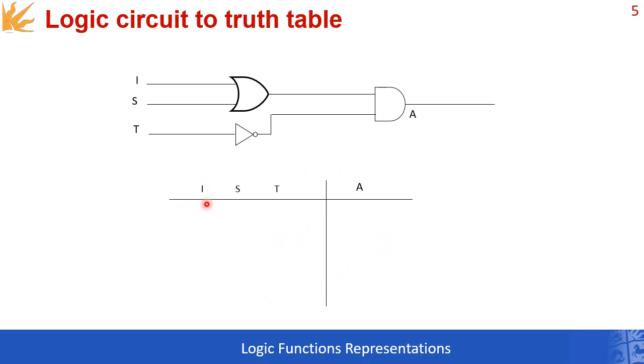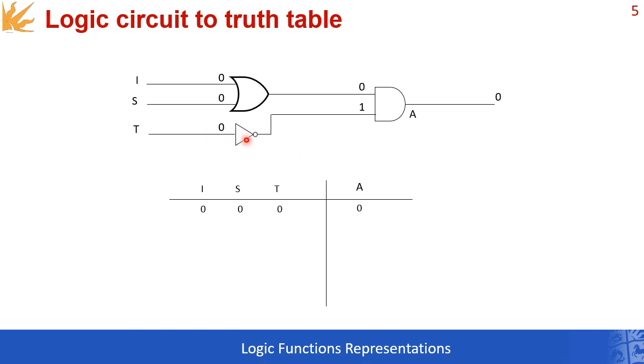As you can see, it has the 3 inputs on the left side: intrusion, smoke detection, and testing mode, and the final outcome of the alarm here. Let's start with 0, 0, 0, which is the first, let's say, binary sequence you would put. If you follow the rules through all the gates, you will see that if you pass 0 for intrusion and 0 for smoke detection, the OR gate is of course going to give you a 0 as a result.